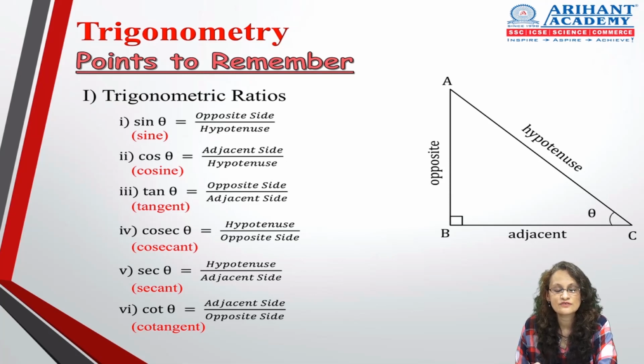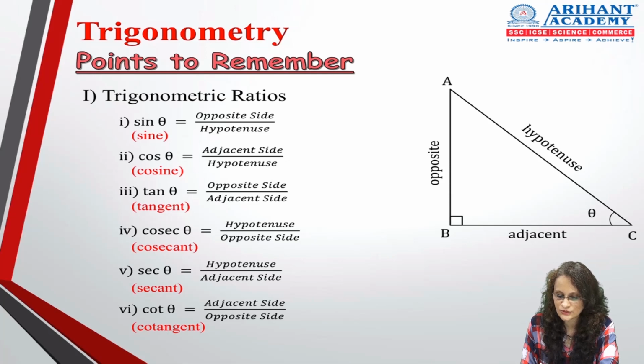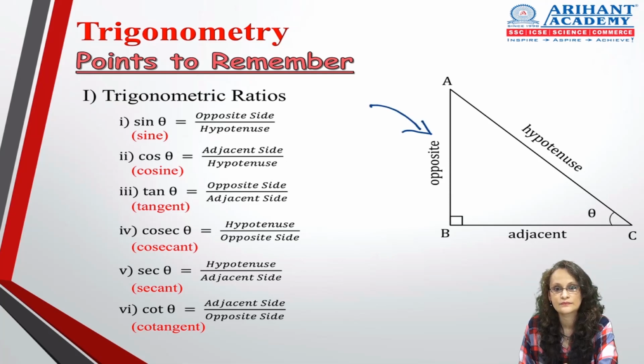So the formula for sine theta is opposite side upon hypotenuse. Now you may wonder what is opposite, what is hypotenuse. So let me draw your attention to this diagram over here. Now you can see that angle B is a right angle, that is 90 degrees. Angle C, I have taken it to be angle theta.